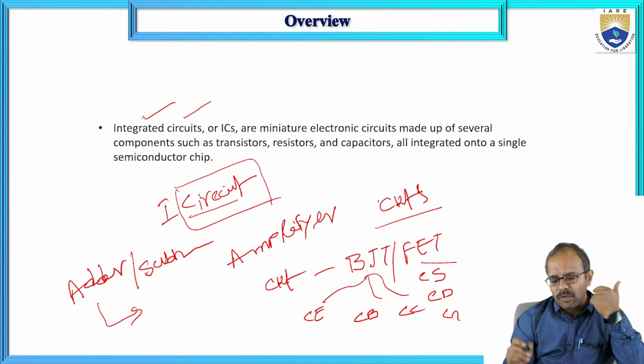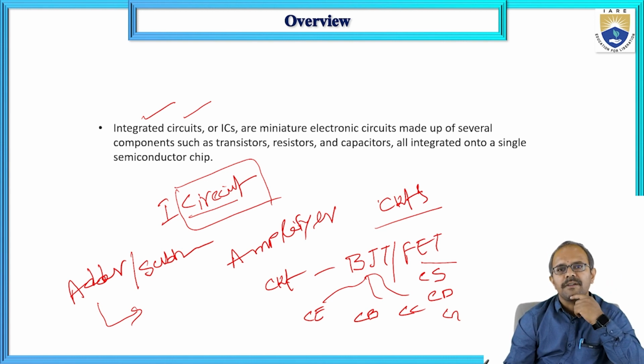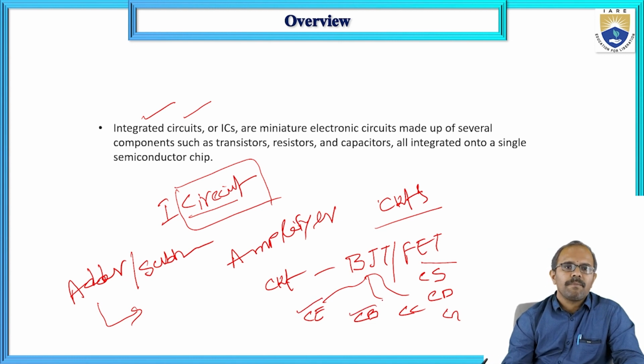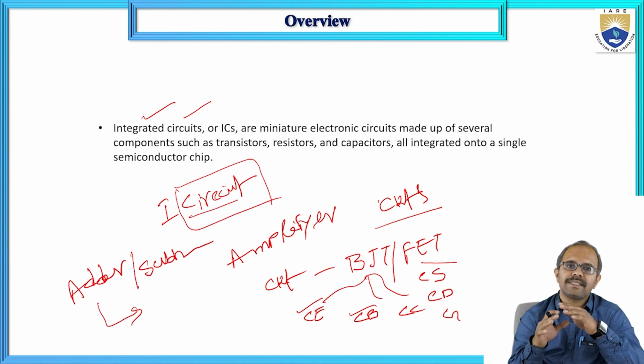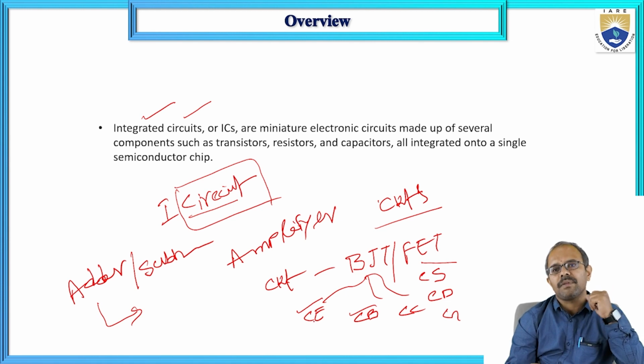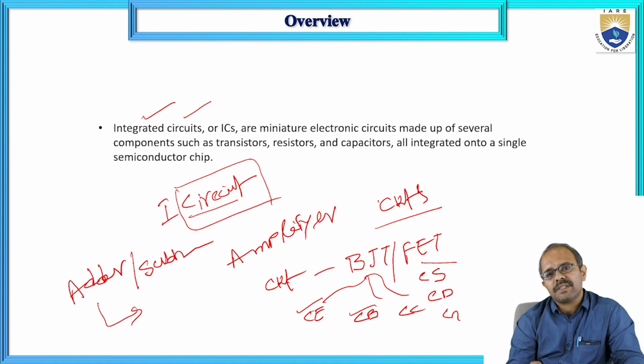Right, and let me go back to the amplifier once again. We said common emitter, common base and common collector amplifiers. To design these amplifiers, what basic components are required? We should know in advance, before you start designing any circuit, what components are required. Let us consider a common emitter amplifier. What components are required here?